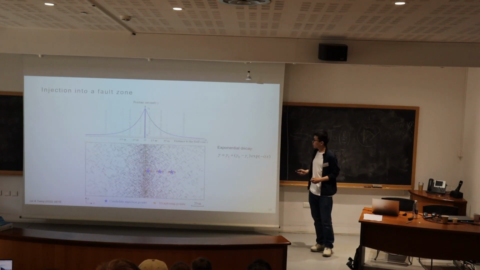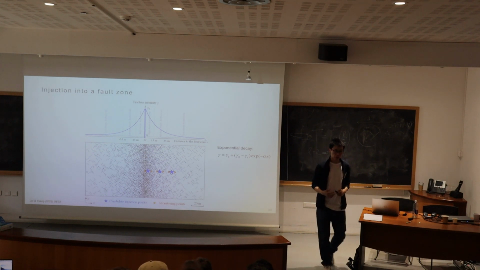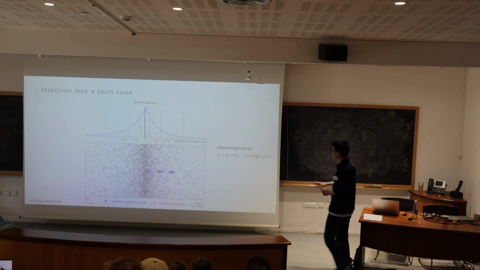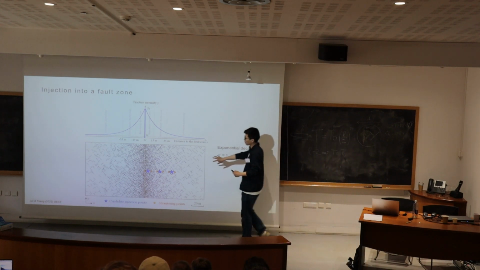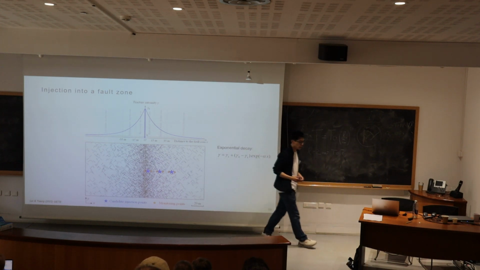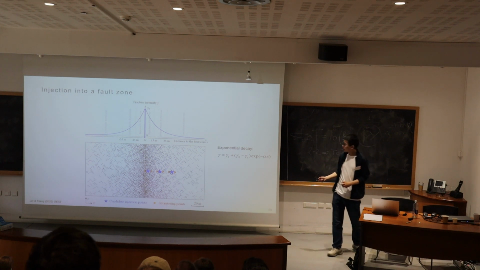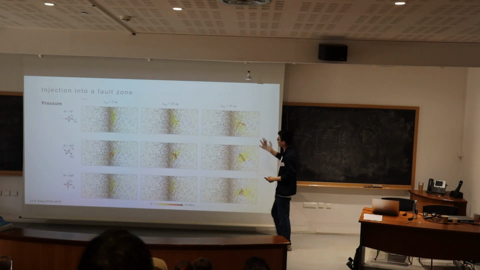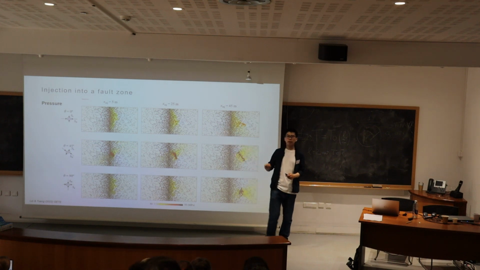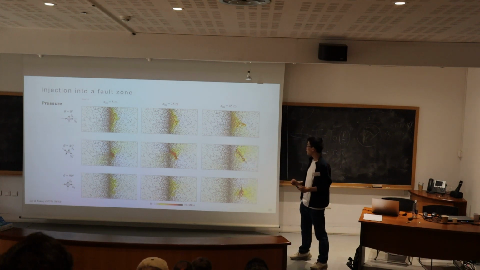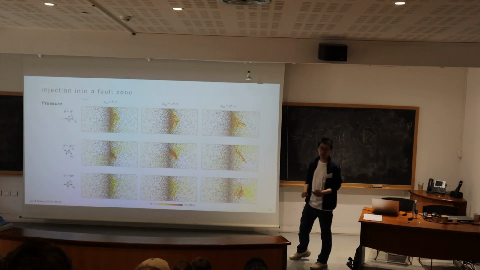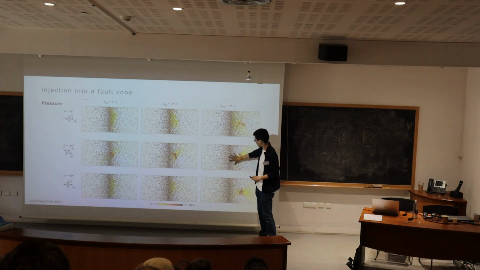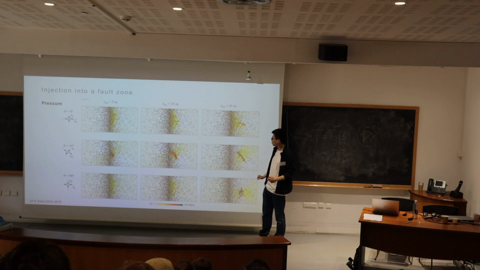Okay. So we further use this model to also study the fluid injection into the fault zone, which is a more hierarchically organized fracture system, where we can see also diverse behavior of the pressure response and the seismicity pattern in the system because of this hierarchical organization of the fault zone.